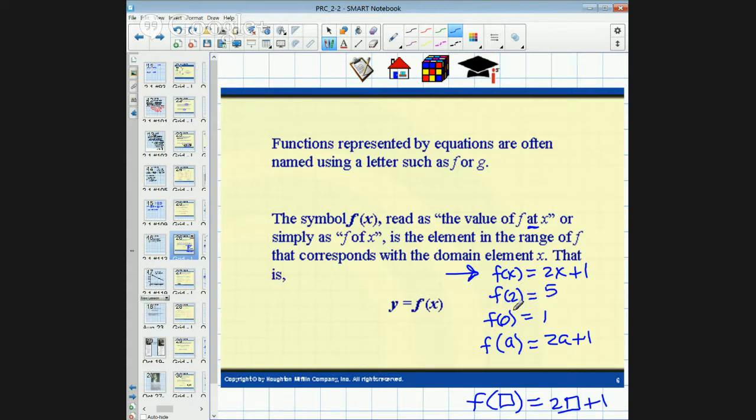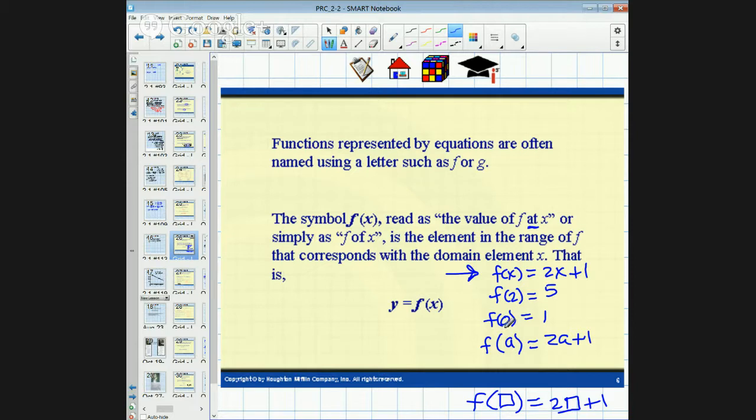Or maybe your teacher in high school said f at 2. Did any of you have teachers that did that? So in other words, just about all of you, your teacher used to say f of 2. Well, anyway, they're both proper.